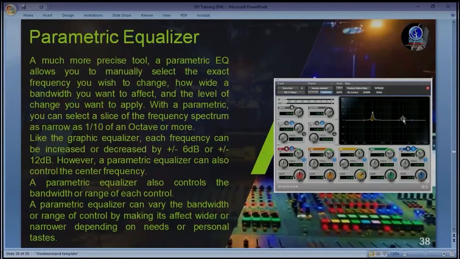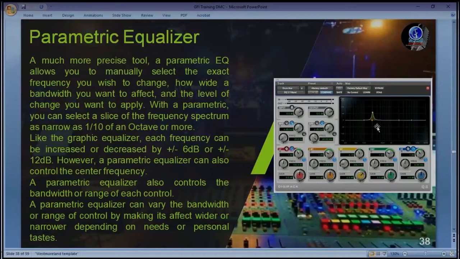It makes you work with a precise frequency more. So this is an EQ that is most achievable on a digital mixing console.